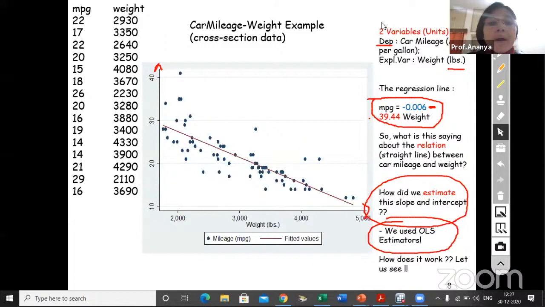So if X and Y are moving in the same direction, you have a positive slope. The beta coefficient is positive, and if x and y are moving in different directions, as in the car example, you'll get a negative slope. That's the reason. For a downward sloping line, dy/dx is negative, which means that as x increases, y is actually decreasing.